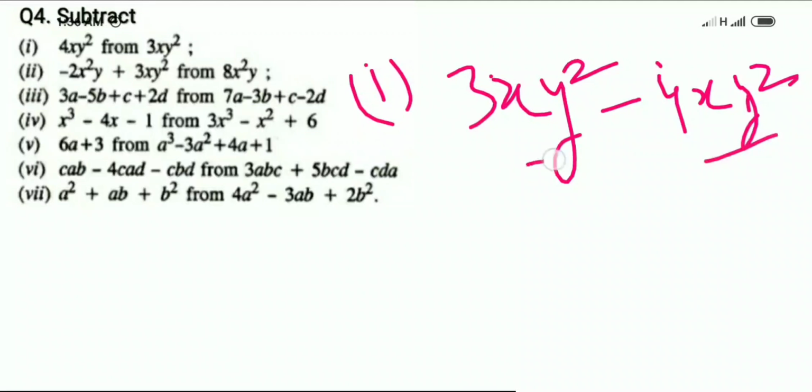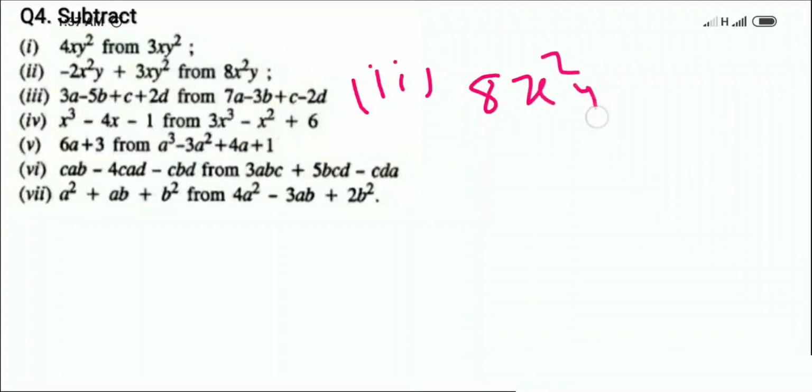Both have similar variables. Therefore, from 4xy square, 3xy square will be subtracted and the answer will be 1xy square, that is minus xy square.